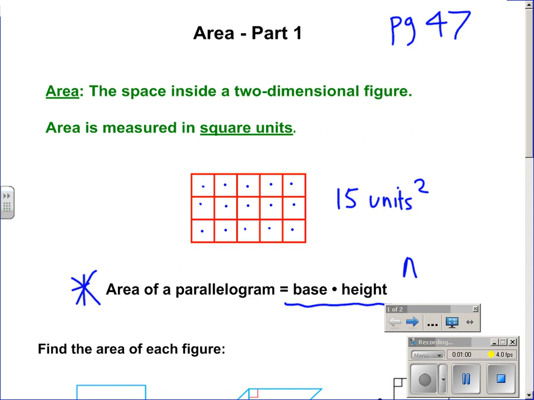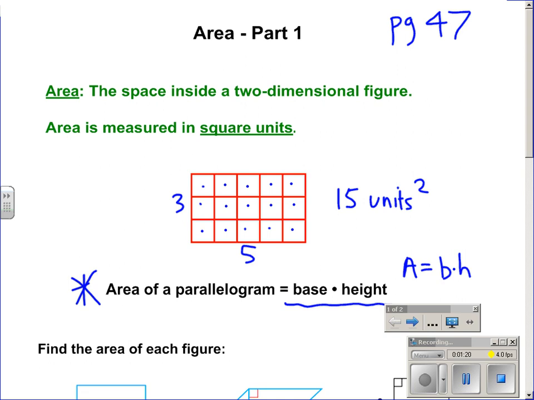So area of a parallelogram would equal the base times the height. In this case, the base is 1, 2, 3, 4, 5. The height is 3. The equation says to multiply them, and we can get the area. When we do 3 times 5, we get 15, which we know is the correct answer.